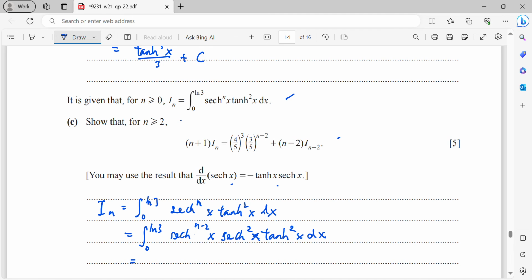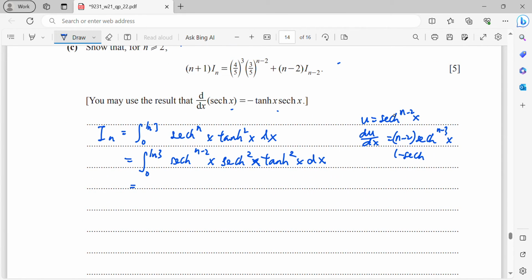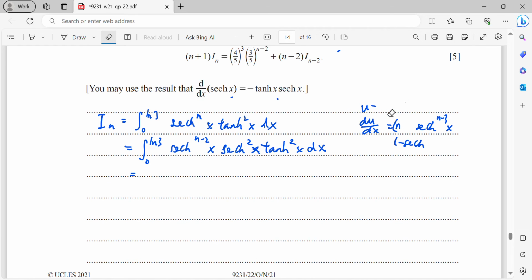Alright, then from here I will use the by parts formula. So when u equals sech^(n-2) x, my du over dx is (n minus 2) sech^(n-3) x, and differentiating sech gives negative sech x tanh x. Probably I just write it here because of not enough space.